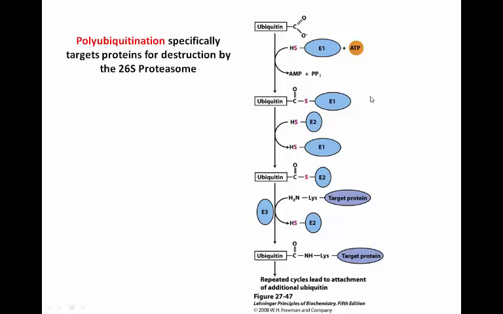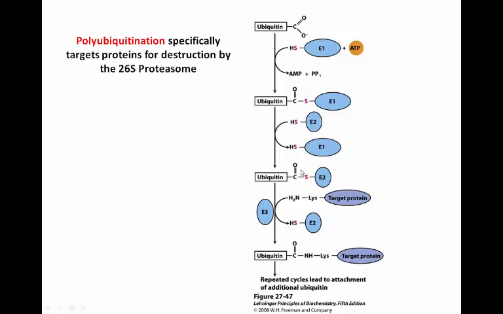E1 binds ubiquitin through a process that takes ATP, and it binds through a sulfhydryl. So here's E1 with its sulfhydryl, and here's ubiquitin bound to it. And now E1 transfers this ubiquitin to E2. This doesn't require energy. So here's an exchange basically between E1 and E2.